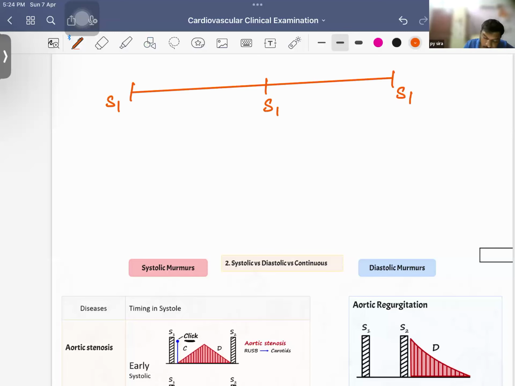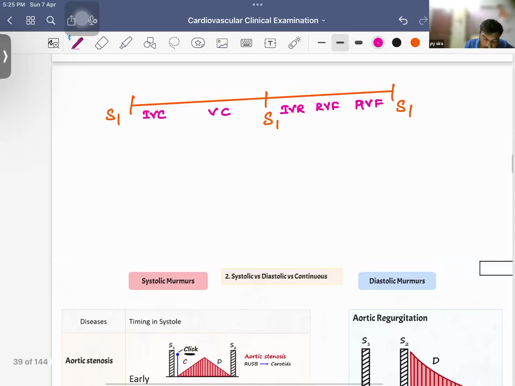As I told you, this phase is called isovolumetric contraction, ventricular contraction. Then here you are going to have isovolumetric relaxation, rapid ventricular filling, and passive ventricular filling, and active ventricular filling. So these are the phases.